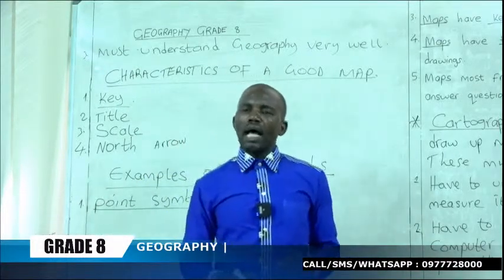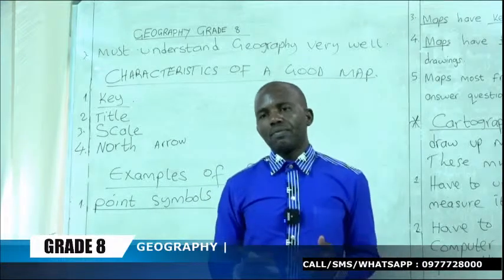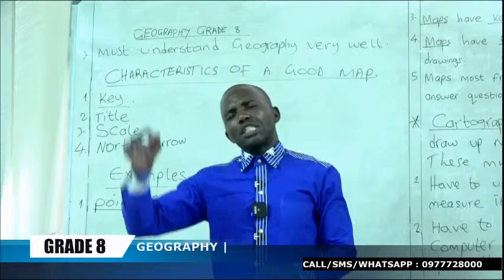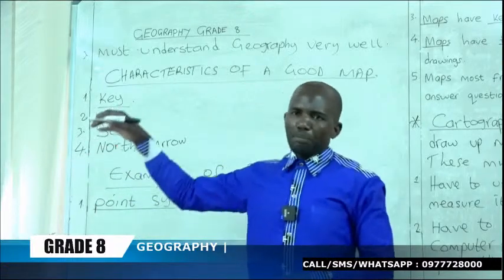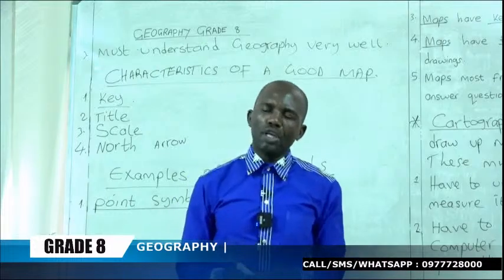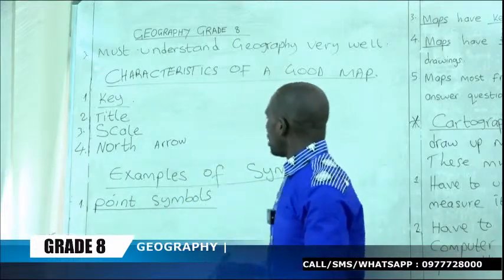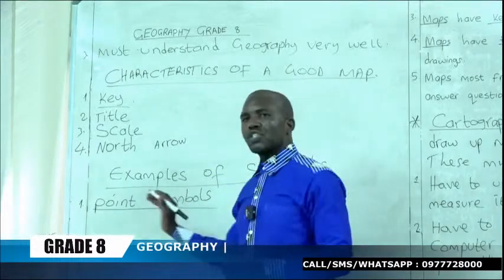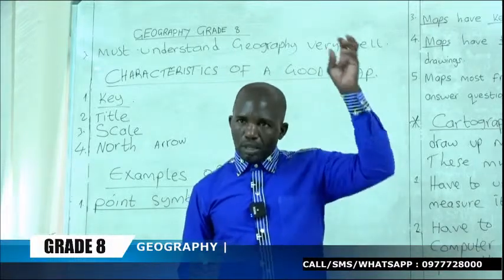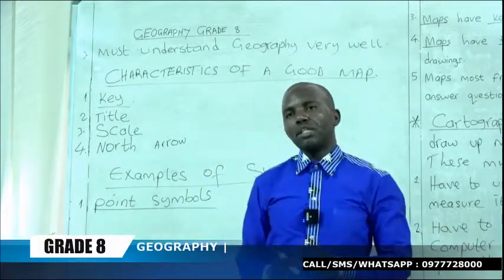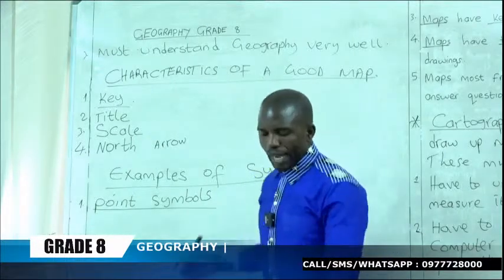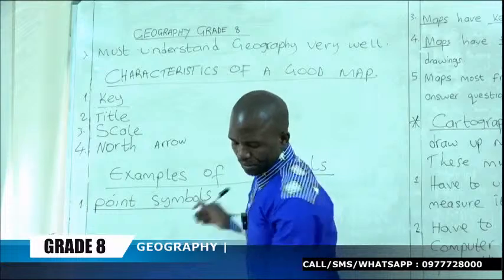Point symbols are simply the marks on the maps which point to a certain place where important features or things must be shown on each map. I will write it so that you understand.